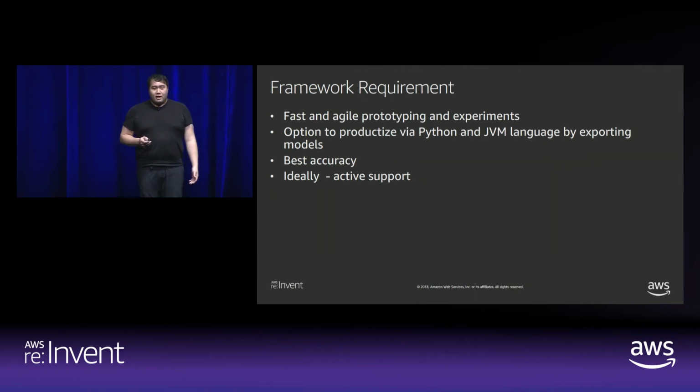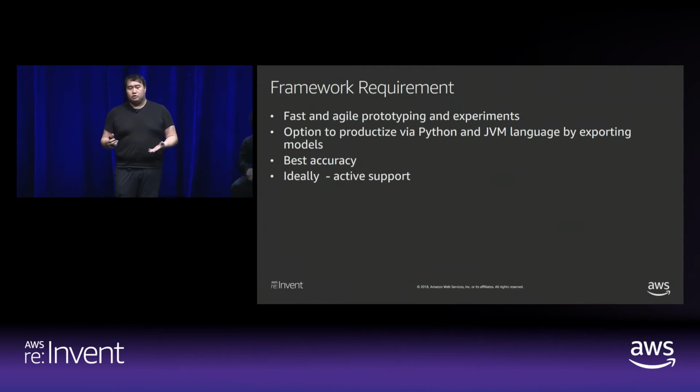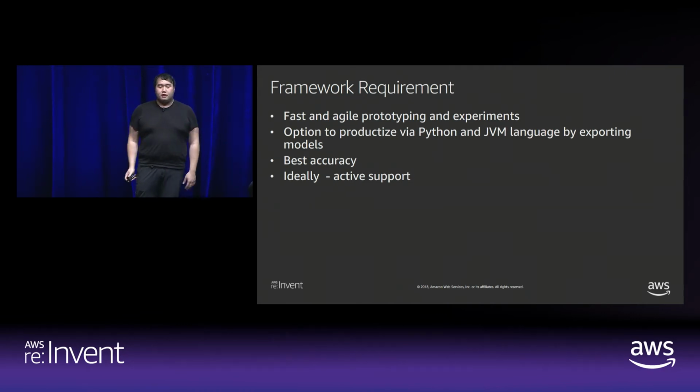And as we are a Scala shop on the JVM language, we would prefer the framework to be able to productize immediately to a JVM language. And also, of course, for the same type of model, we want the best accuracy and the best optimization that we can get. And as you can see, I'm not mentioning performance here.